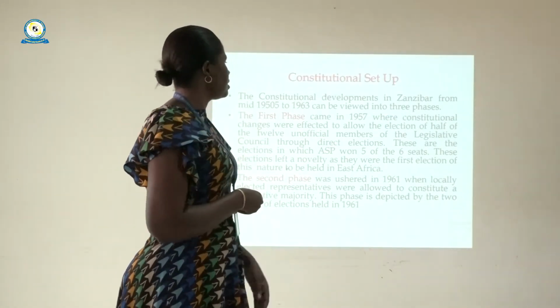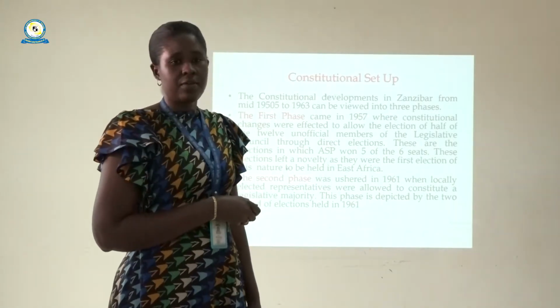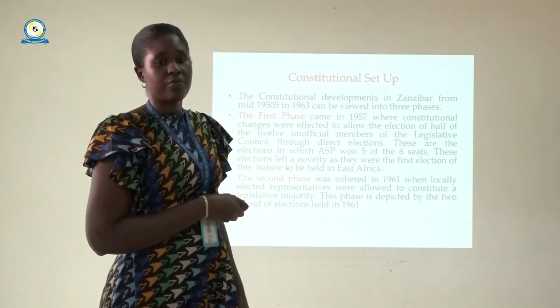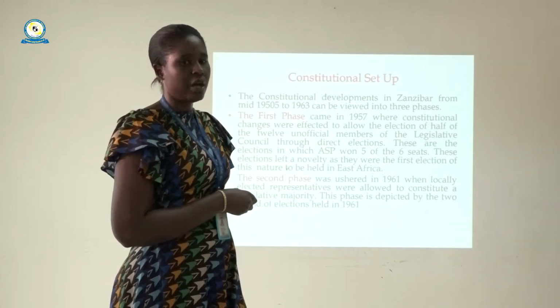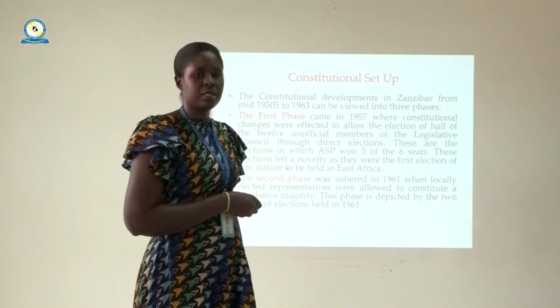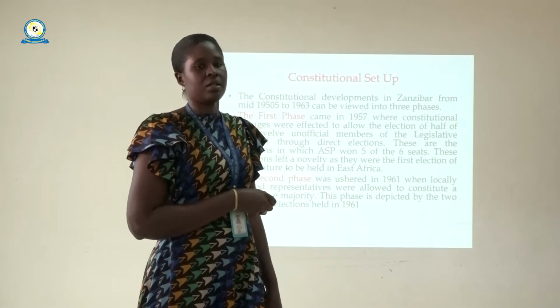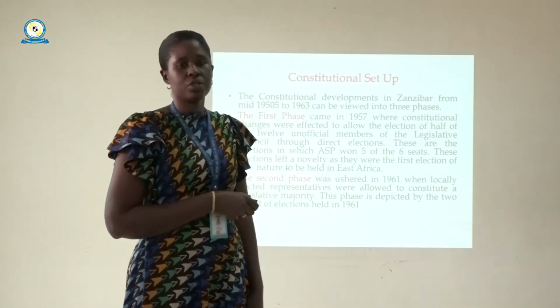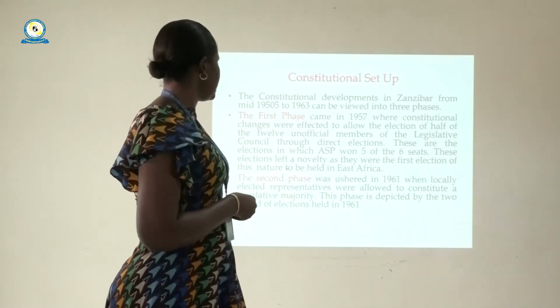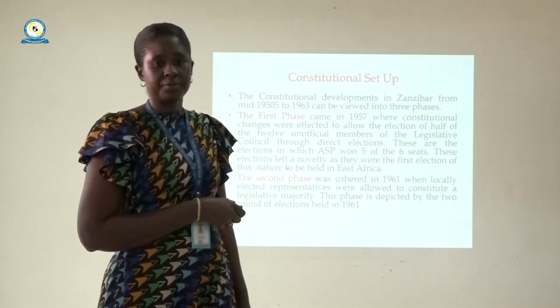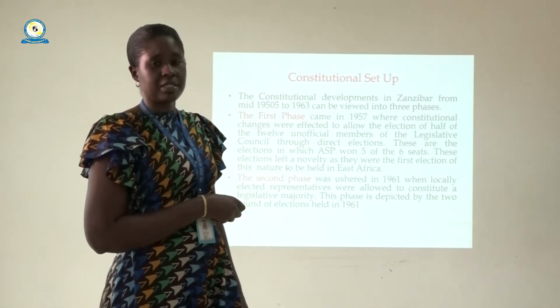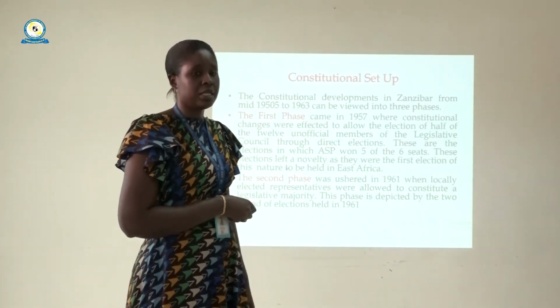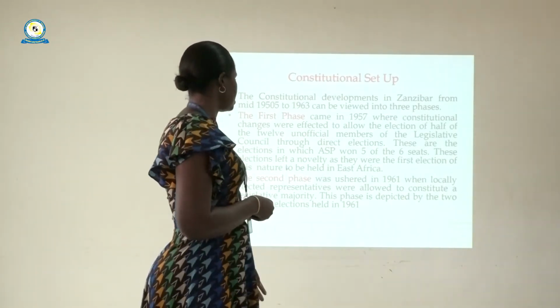The first phase came in 1957, where constitutional changes were effected to allow election of half of the 12 unofficial members of the Legislative Council through direct election. And the second phase was seen in 1961, where locally elected representatives were allowed to constitute a legislative majority.